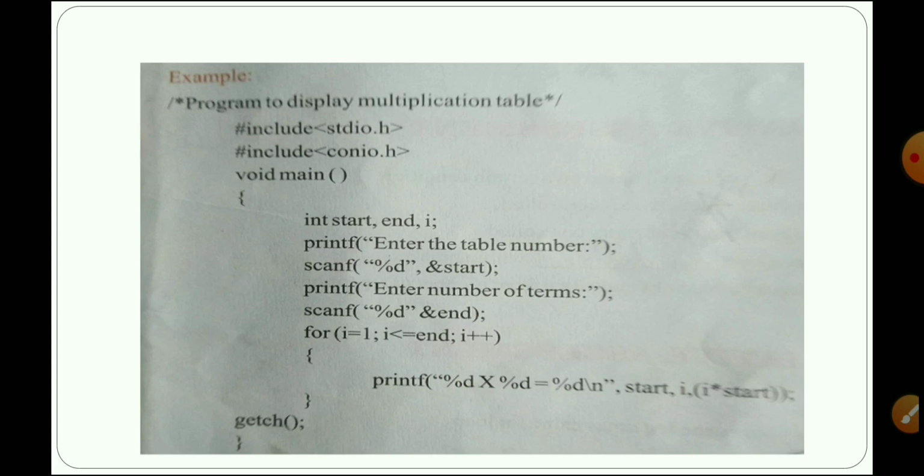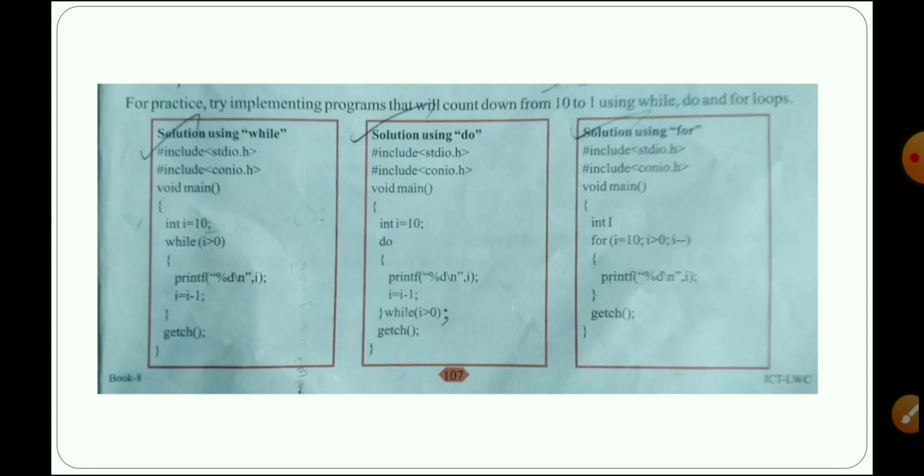You give the start value and end value yourself, and the for loop statement will execute like that. The initialization part is also given, but you have to give the input yourself and repeat that process.